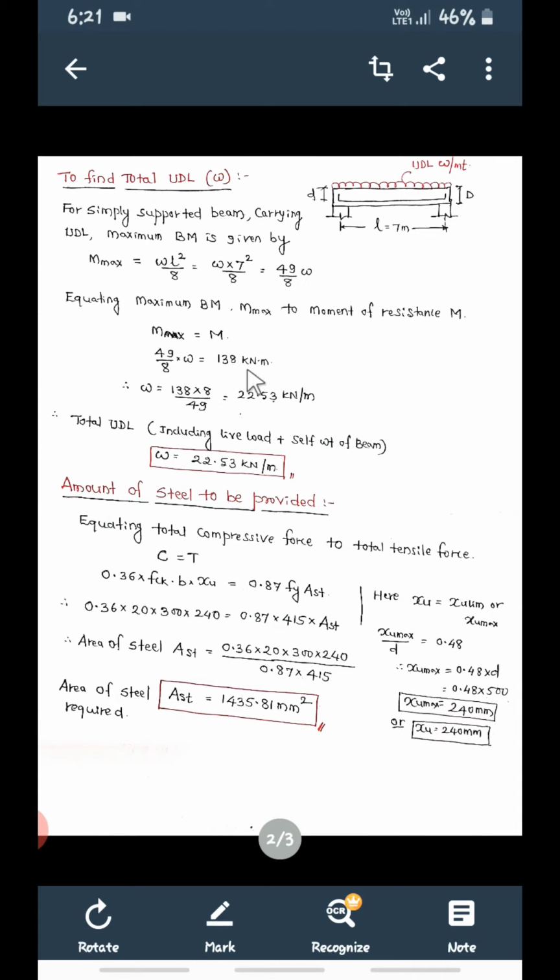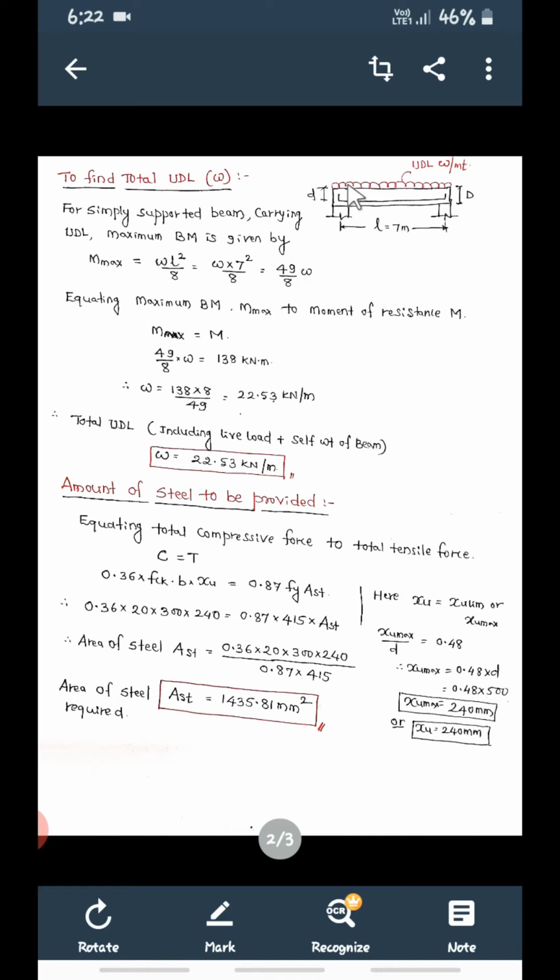Therefore W is equal to 8 into 138 divided by 49. So the total UDL will be 22.53 kilonewton per meter.